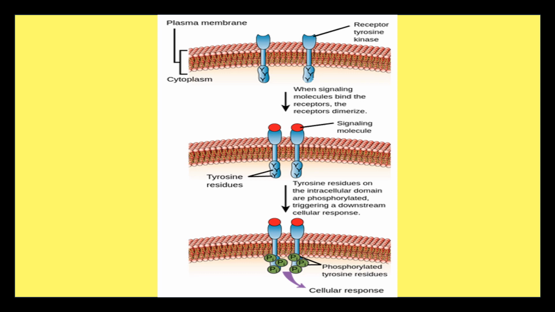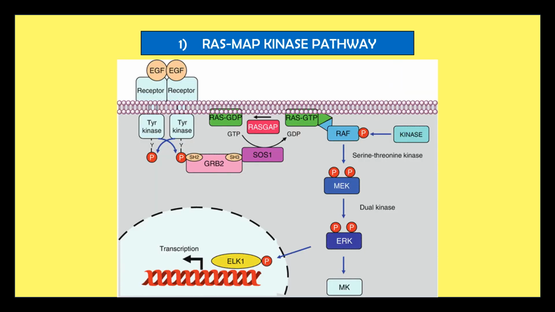After activating themselves, they go into several pathways to give us the particular cellular response. So here the first one is the RAS MAP kinase pathway.